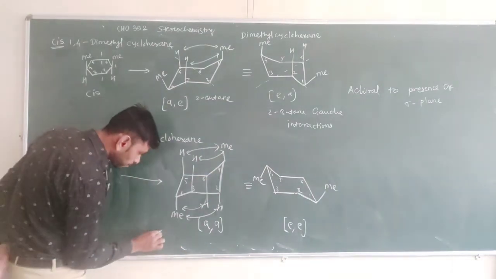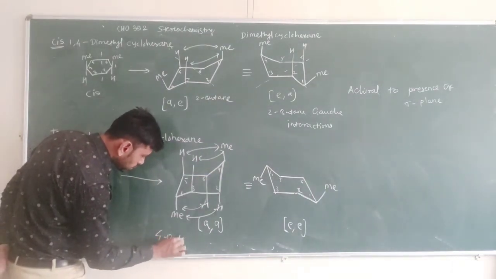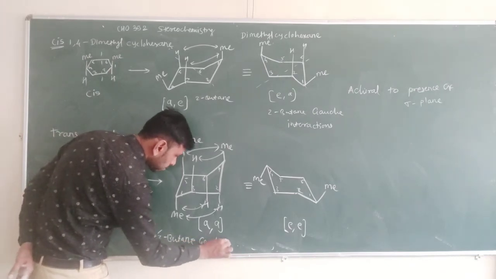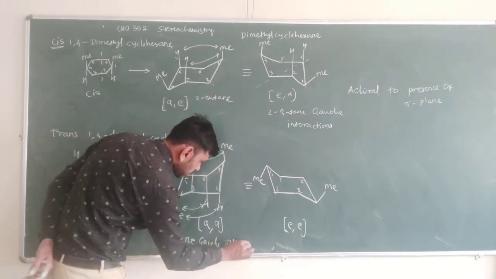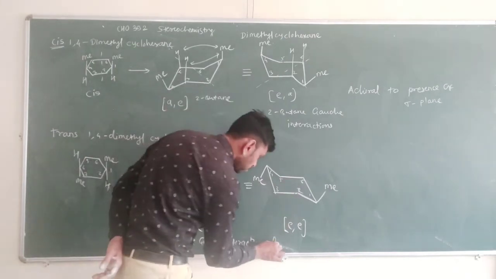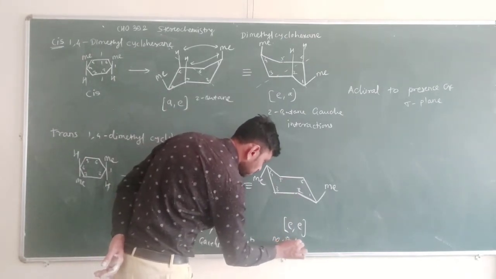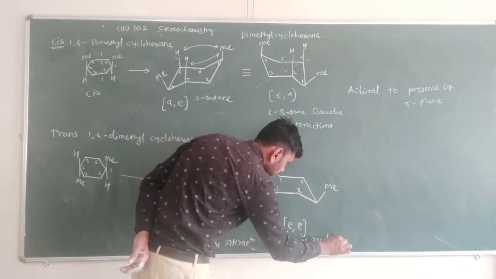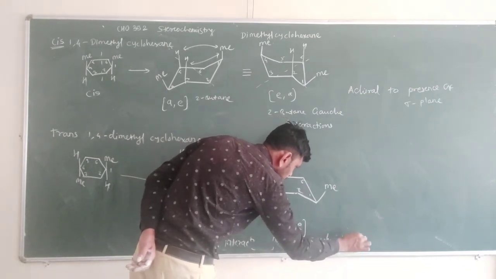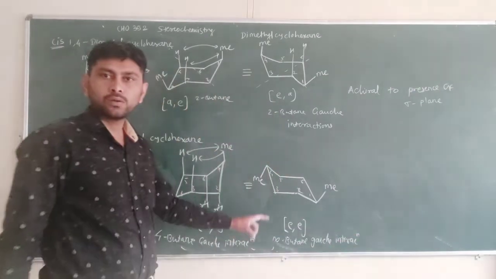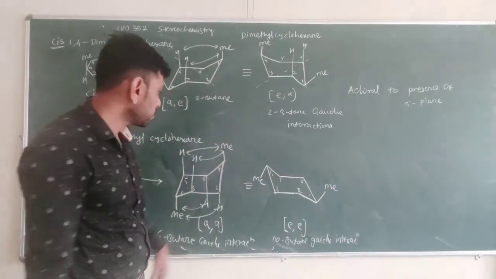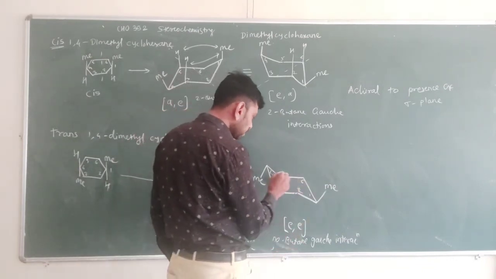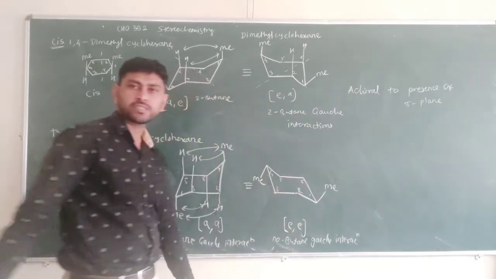So here a total of four butane-gauche interactions, and here no butane-gauche interaction. Because of no butane-gauche interaction, this form is more stable.